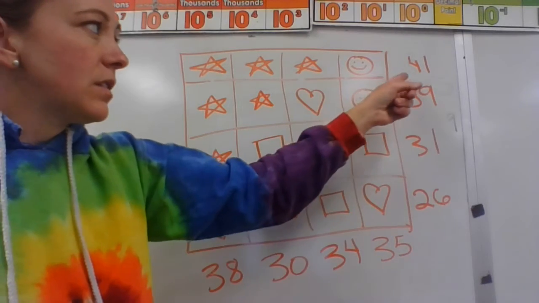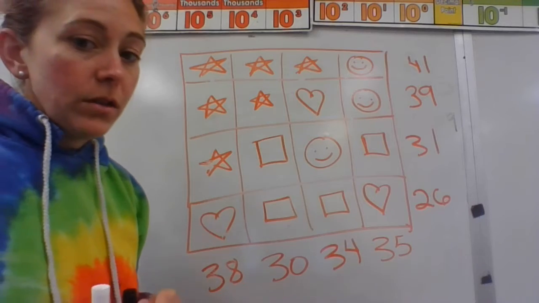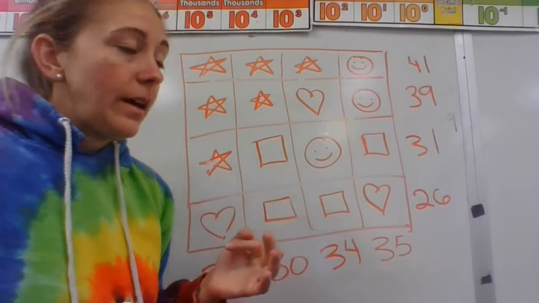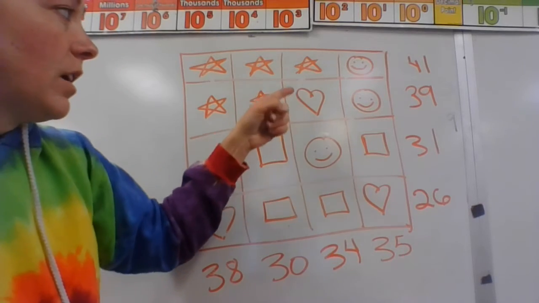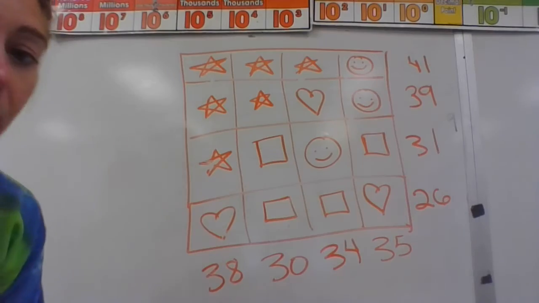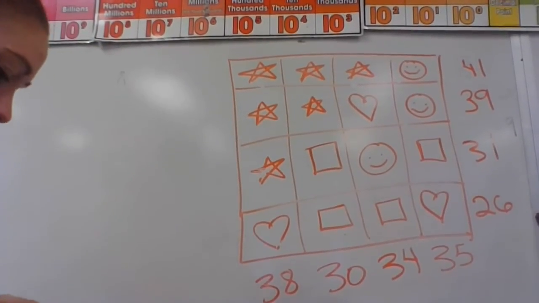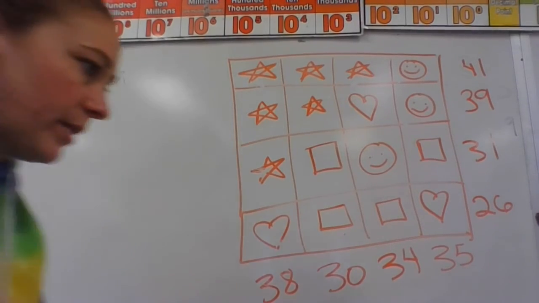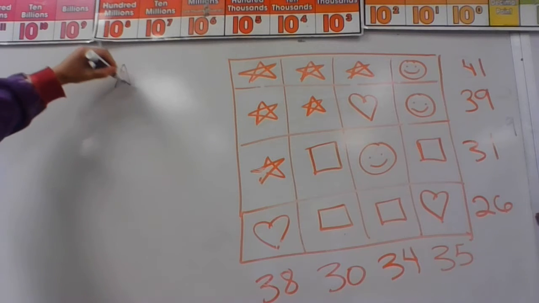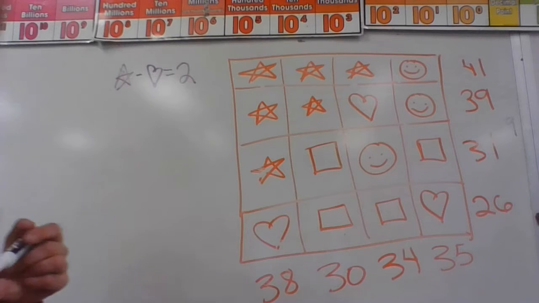And the difference between the two values is just 2. 41 minus 39 is 2, which tells me that the difference between a star and a heart must be 2. So if I can write over here, oops, marker doesn't work. Need to find better markers. Maybe this purple one will work. A star minus a heart equals 2.